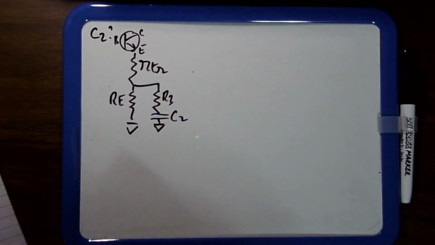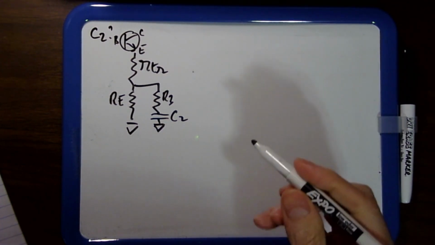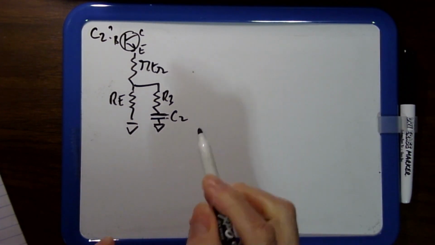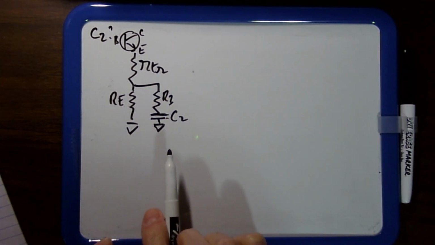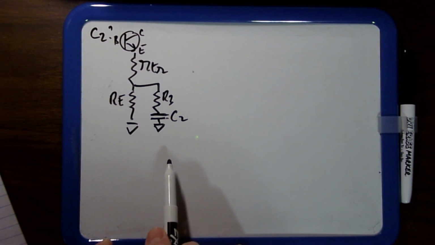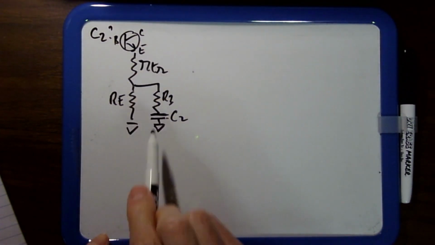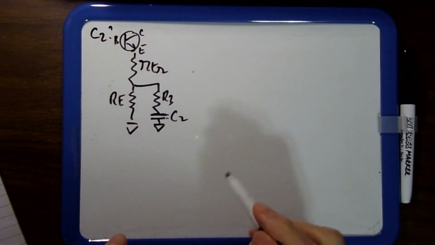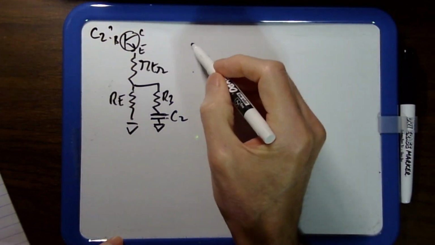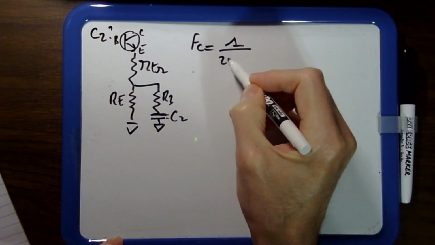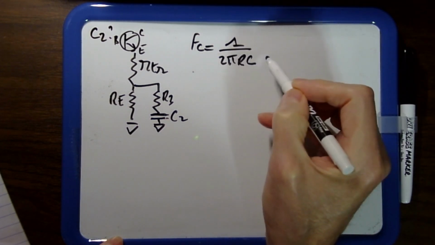So again, we have a high pass filter. This one is a bit harder to see because you have to consider the current going this way instead of that way. So it goes this way. Okay, so again, we know that Fc equal 1 over 2 pi RC.